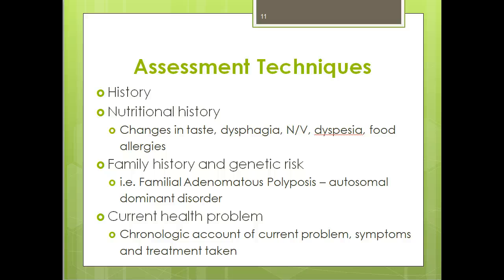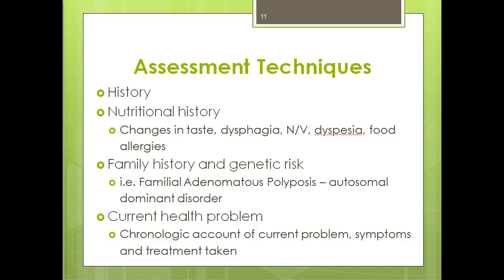Also, you want to discuss family history or any type of genetic risk. A lot of times people may have a family history or be more prone to some disease process related to genetics. For instance, if a person had somebody in their family who had colon cancer or polyps, a lot of times you'll see that.